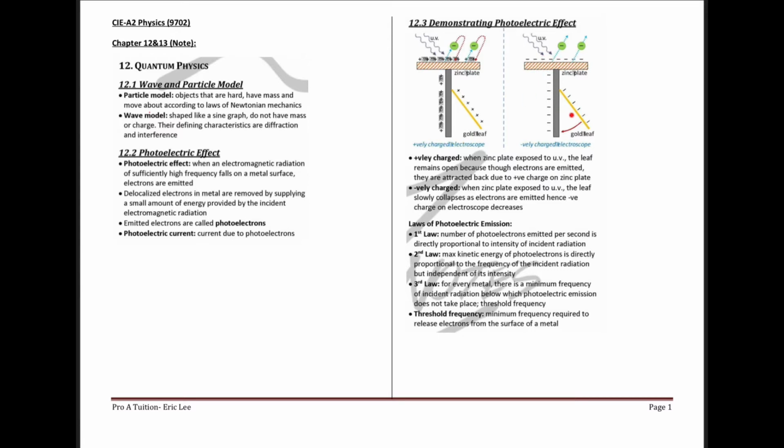We have two situations as you can see here: a positively charged electroscope or a negatively charged electroscope. If you are using a positively charged electroscope, UV light shines on it, photoelectrons come out, and then they are attracted back because it is positively charged. It attracts the electrons, and the gold leaf will remain like that.